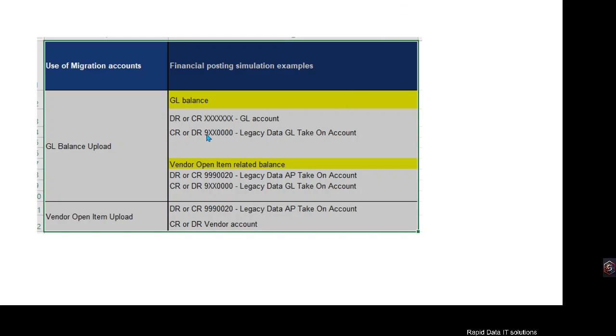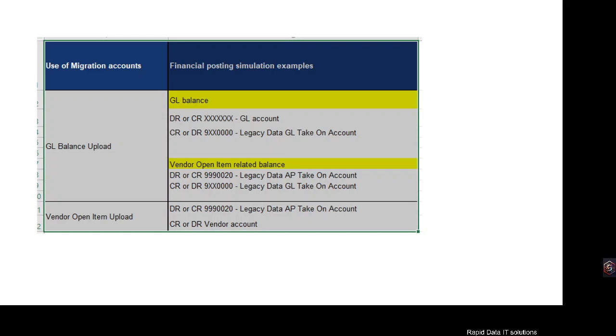Generally we start these accounts with the 9 series, and this account will become zero balance at the profit center and company code level once all the line items are migrated, because by principle the GL account balance should become zero at the profit center and company code level.